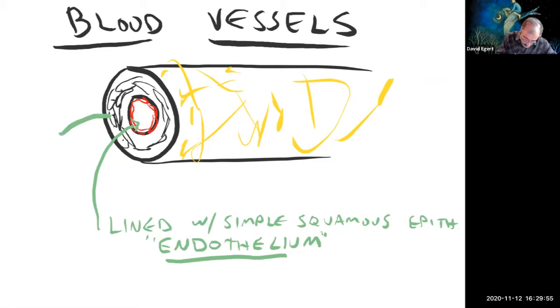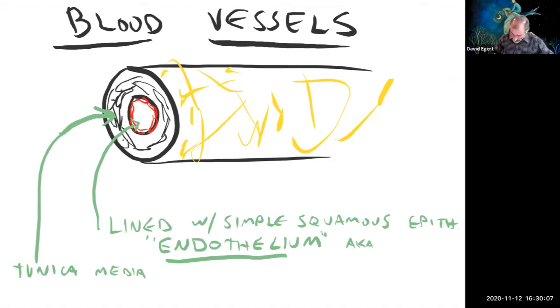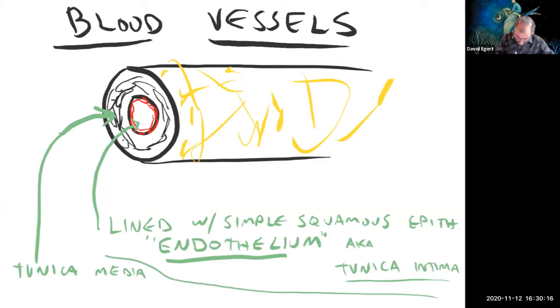The middle part, sometimes it's called tunica media. Oh, I should also mention the other, so endothelium is also called tunica intima. The intimate tunic, because it's the one that's rubbing up against the blood cells as they move through.